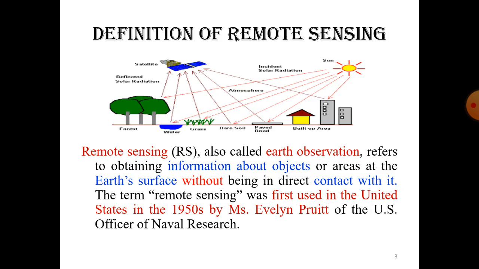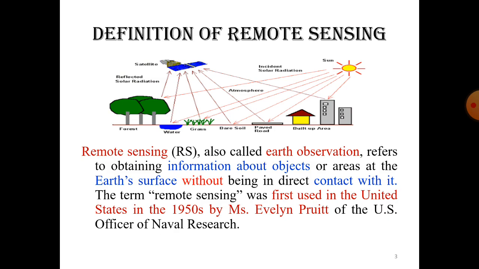Remote sensing is therefore defined as a scientific technique of obtaining information about an object or a process that takes place on Earth without being in contact with the object. As the information here is about the Earth, what we observe or gather, remote sensing technology is also called Earth observation technique or technology.